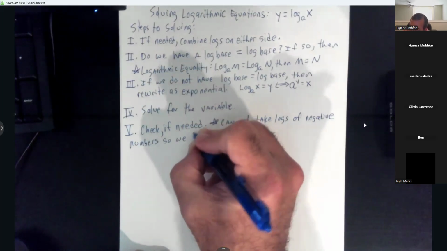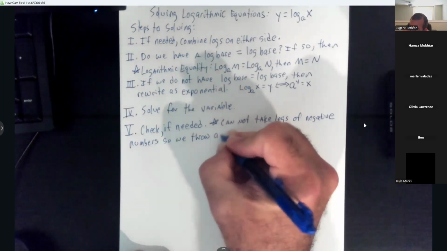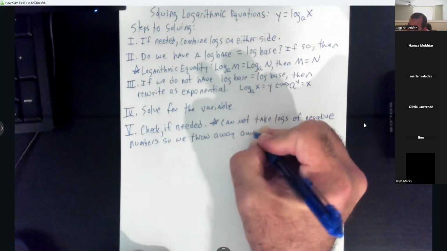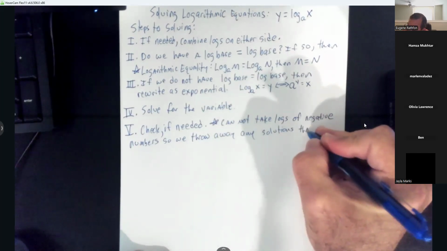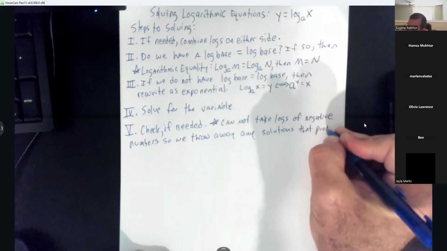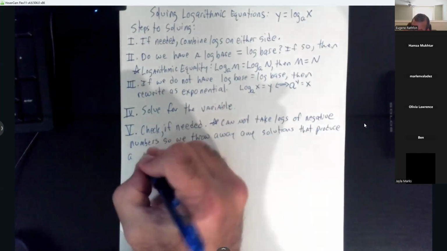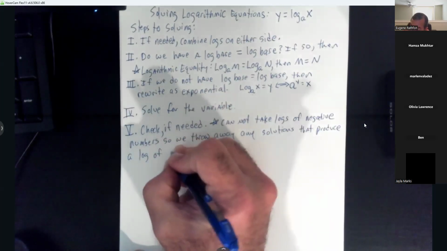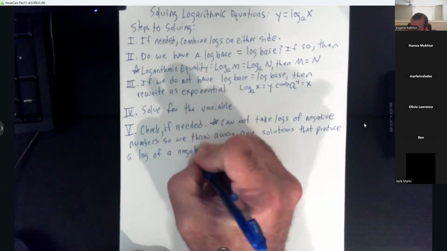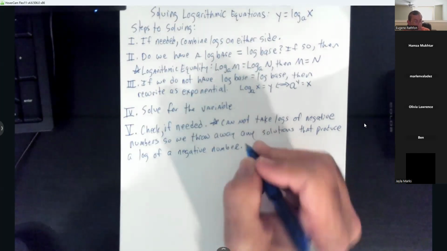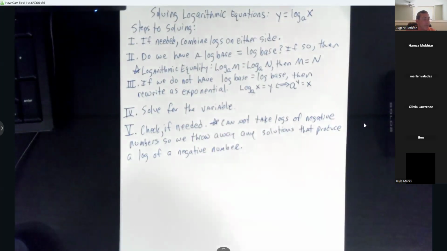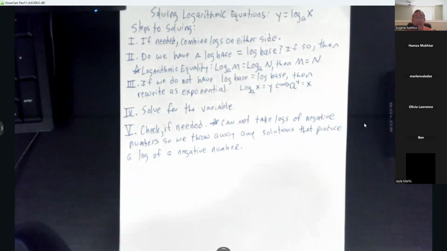So we throw away any solutions that produce a log of a negative number. Okay, y'all, because it's not possible to take a log of a negative number. Remember, we got those do not exist type answers on those.